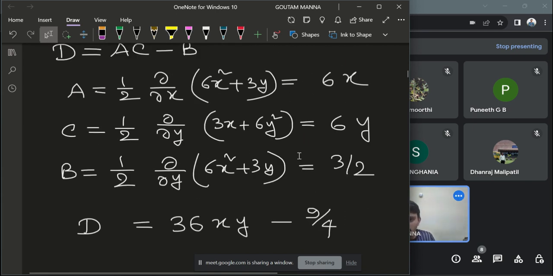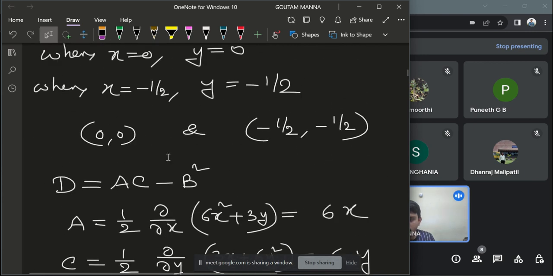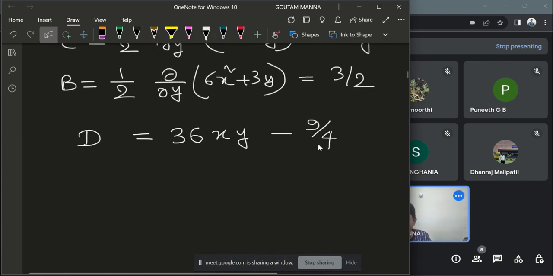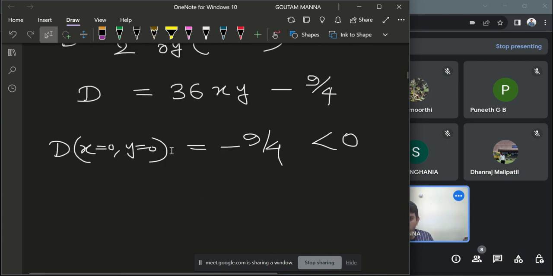Now for this critical point 0, 0, so D for x equals to 0, y equals to 0, it is only minus 9 by 4, and it is negative, less than 0. So this 0, 0 point is a saddle point.